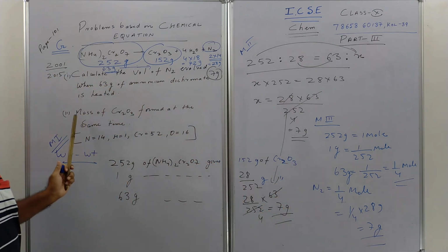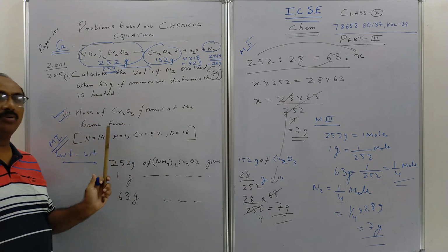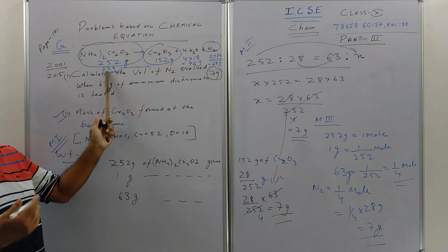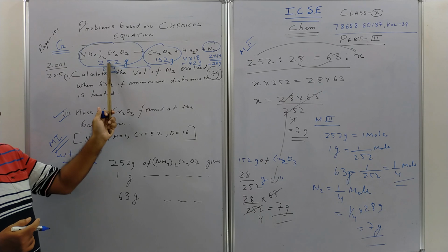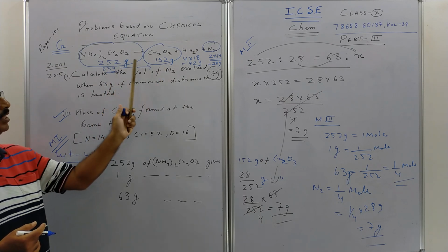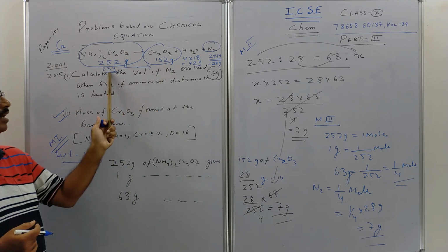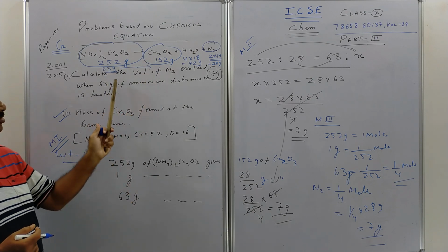Once more, mass. I am finding this, children. Then I'll go to the first one. Mass of the chromic oxide formed at the same time means when you take 63 gram of this. So see, as per equation, if you take 252 gram, you get 152 gram. 252 gram of ammonium dichromate gives 152 gram of chromic oxide. So 63 gram will give you 1/4 of this, because this is 1/4.